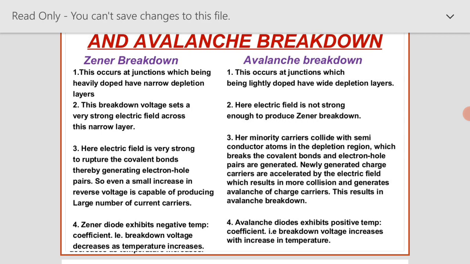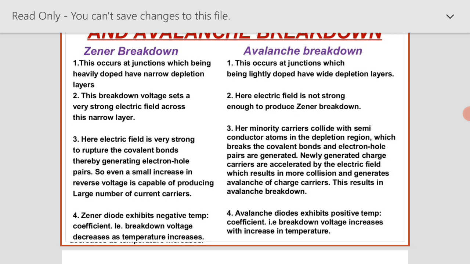In avalanche breakdown, the minority carriers collide with semiconductor atoms in the depletion region, which breaks the covalent bonds, and electron hole pairs are generated. Newly generated charge carriers are accelerated by the electric field, which results in more collisions and generates an avalanche of charge carriers.